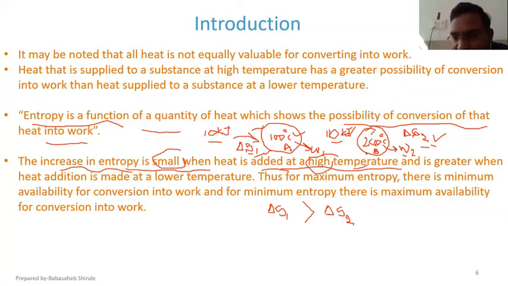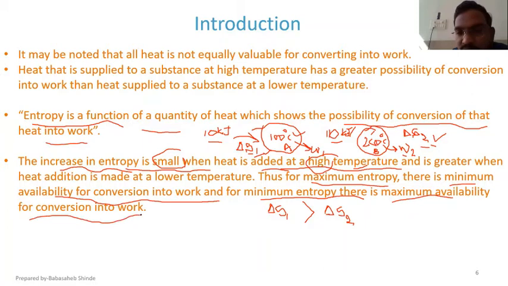Okay. Next. Thus, for maximum entropy, there is minimum availability for conversion into work. And for minimum entropy, there is maximum availability for conversion into work. That we know, right? When heat is added at 200 degrees Celsius, we get W2.